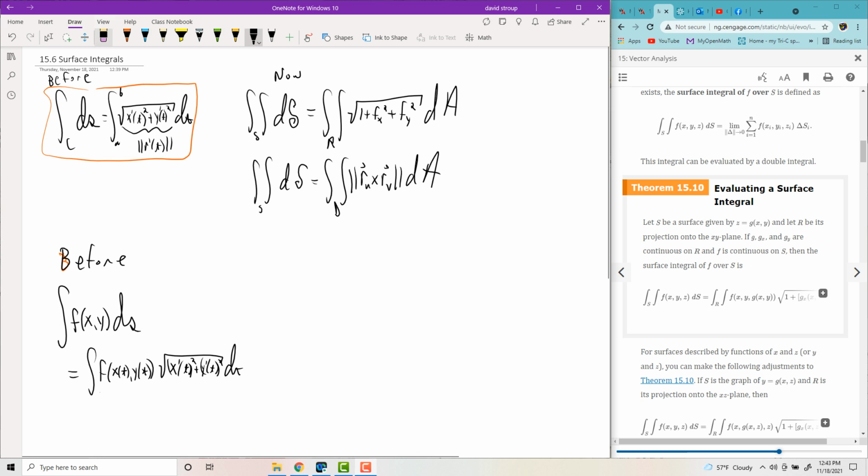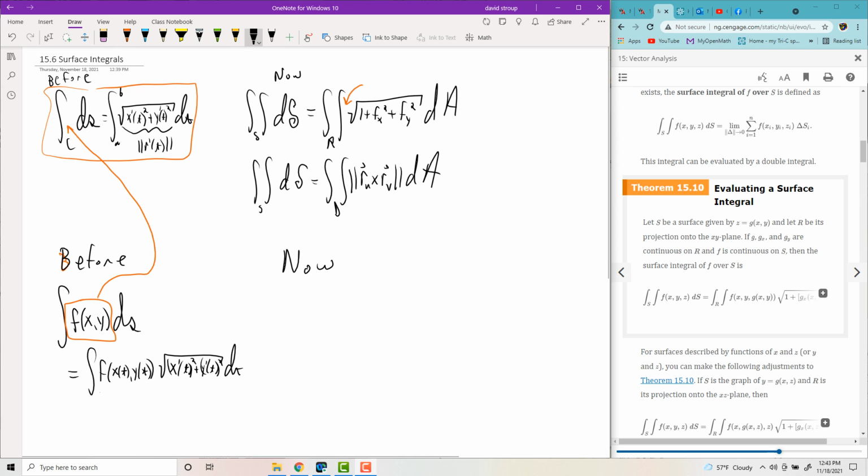So the only difference is we're tacking on this additional f of xy part. What we want to do now is the same idea: tack on some function inside of these integrals.